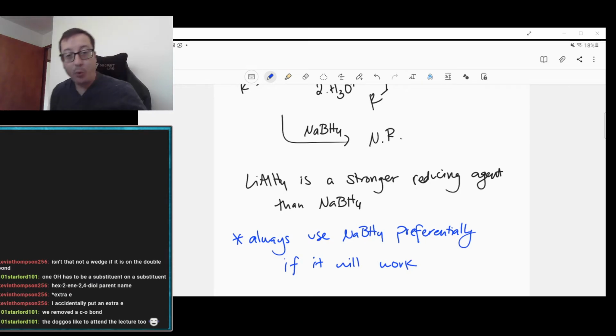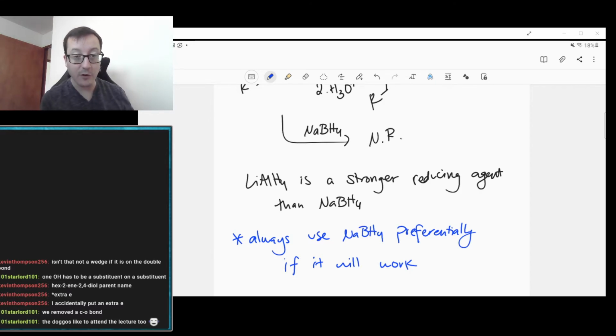So, point is here, we have two different reducing agents available to us. Sodium borohydride is the preferred one because it's less dangerous, because it's weaker. Always use the weaker thing if it'll work. Just like, if you're using a base and you can use sodium hydroxide, that's great. Sodium hydroxide is not very dangerous.